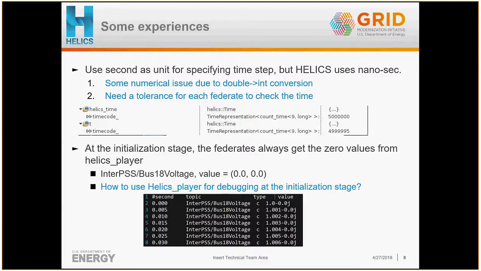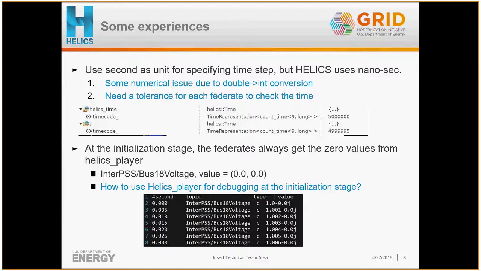The other important time-related point is that during early development, we usually do a lot of debugging. When we try to debug, for example using the HELICS player, during the initialization stage the federate always gets a 0 value from the HELICS player.